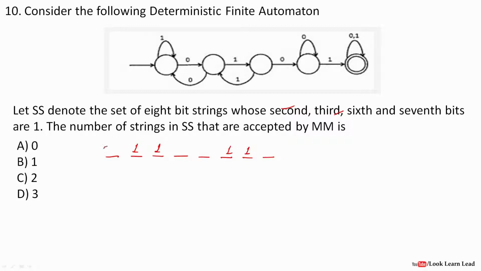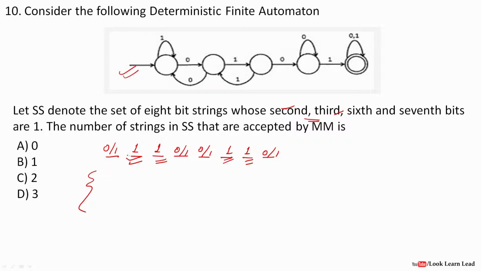Here it can be either 0 or 1, here it can be either 0 or 1, here it can be either 0 or 1. But the second, third, 6th and 7th bits are 1, and the strings which have these bits as 1 should be accepted by this automata.